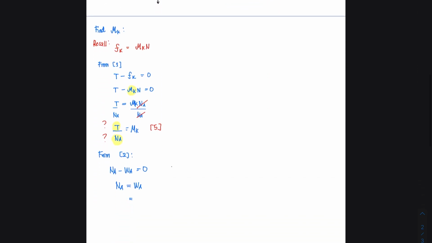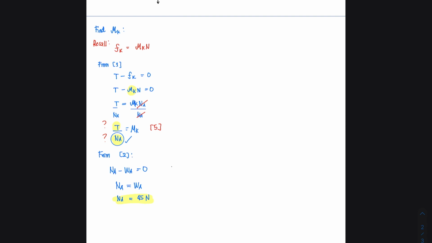So NA is equal to 45 newtons. I'm just going to highlight this because we are going to need that value later. So NA is solved na, kabalo na kaana. So no problem with NA now.